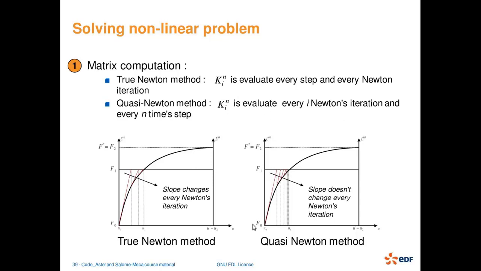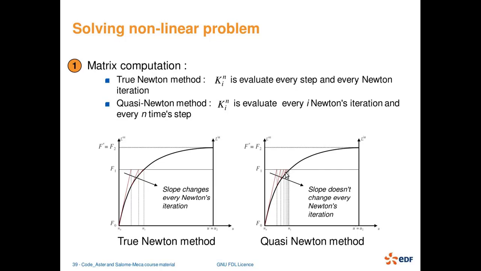So say after the third iteration, I am recomputing the tangent matrix here. In the first iteration, I have come here by using the same tangent matrix, same slope. I am coming in the second iteration to here and the third iteration to here. Now I will compute a new tangent matrix, and then I will come to the true solution more quickly.